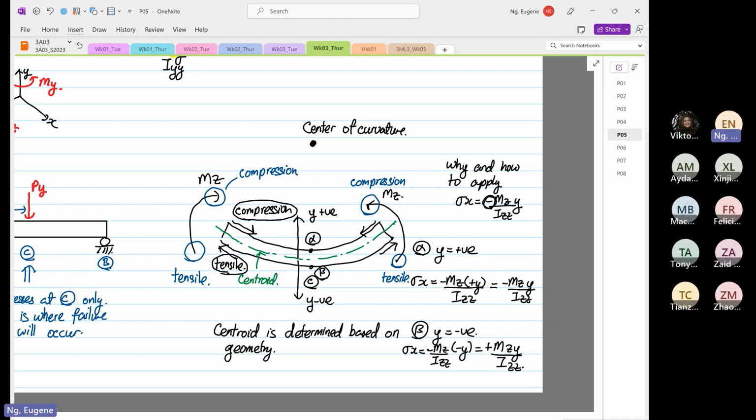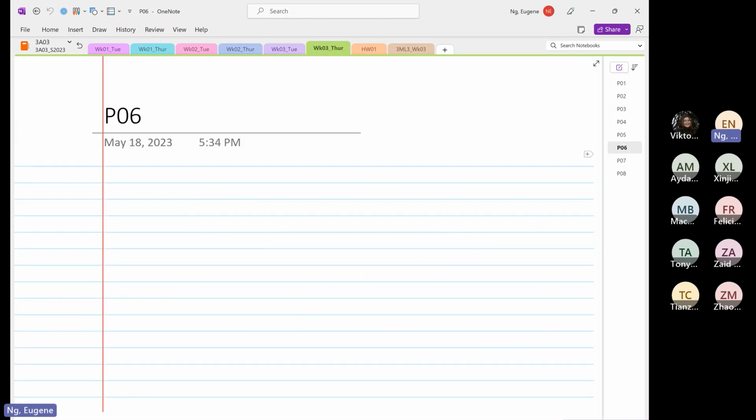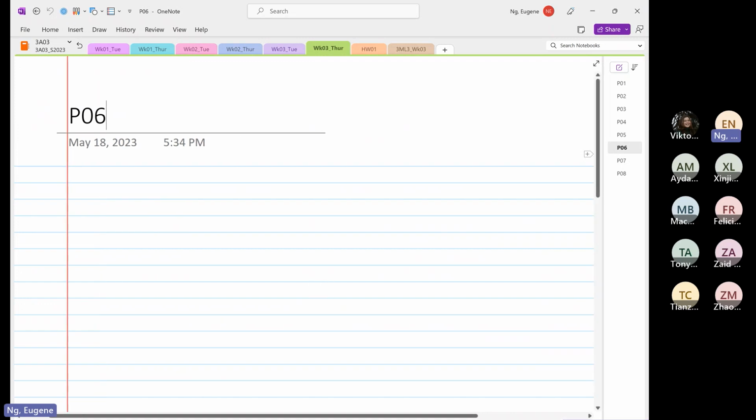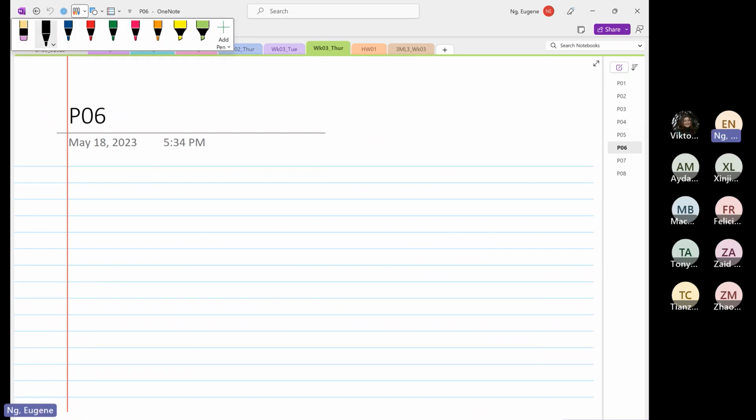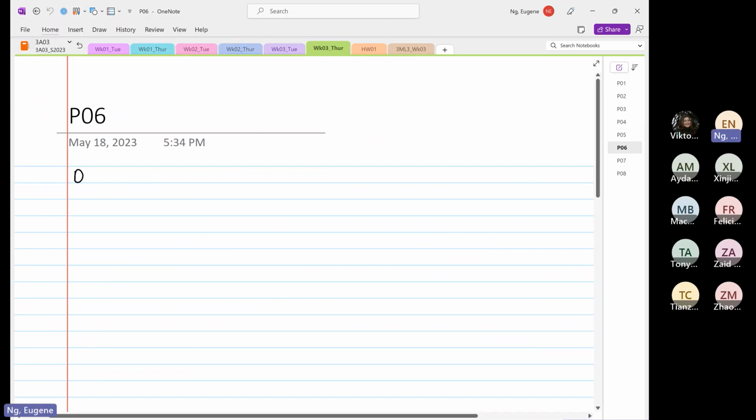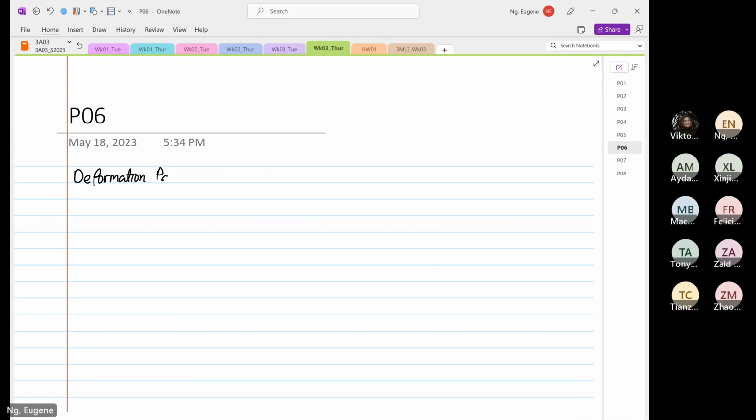Let me go to another, very straightforward example. What if now our deformation pattern looks this way now?